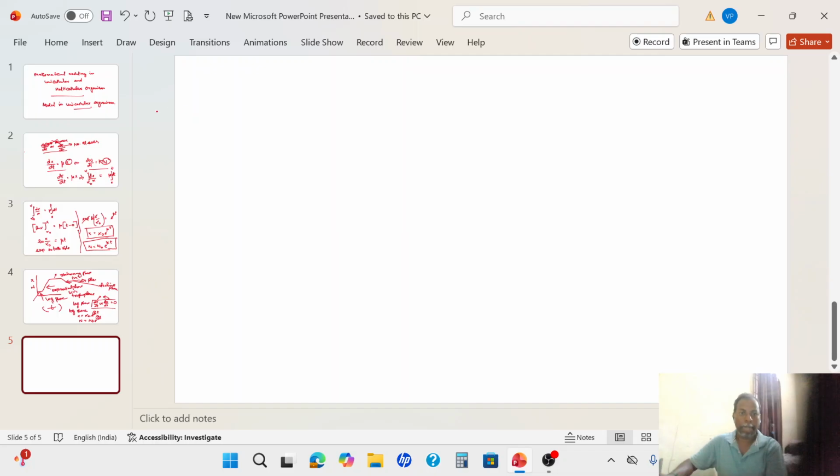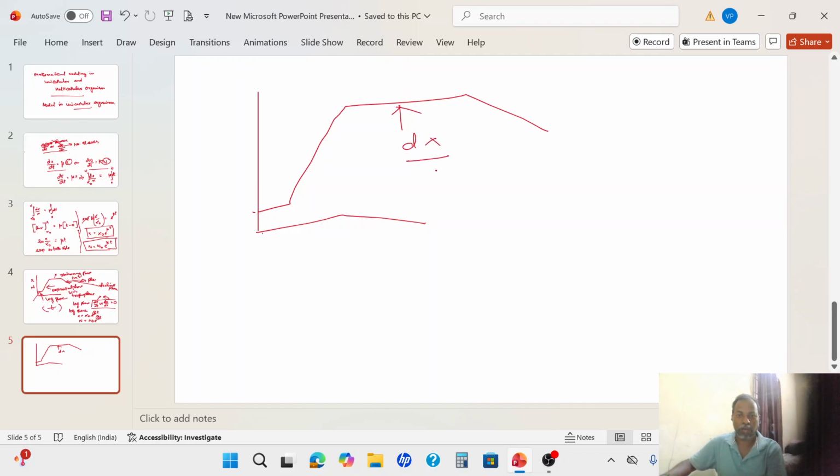So let us come to the next one, the stationary phase. Here also dx by dt or dn by dt is equal to 0.